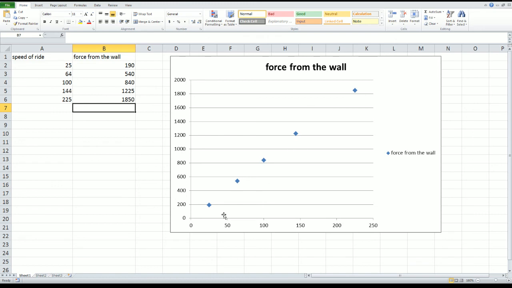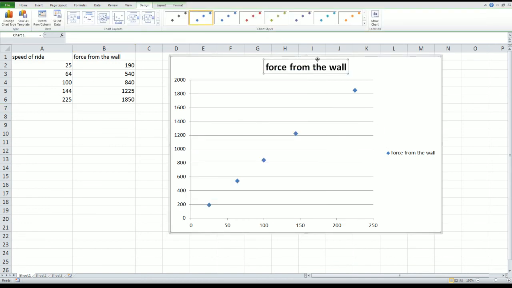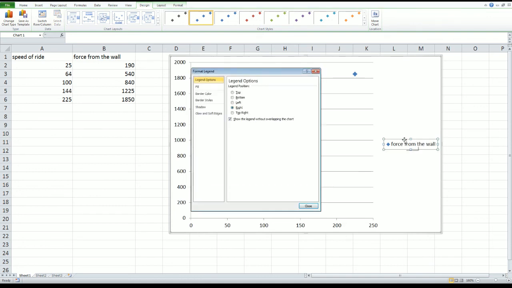It looks a little bit more linear here. Good. Let me just label the graph for you. This looks good so far.